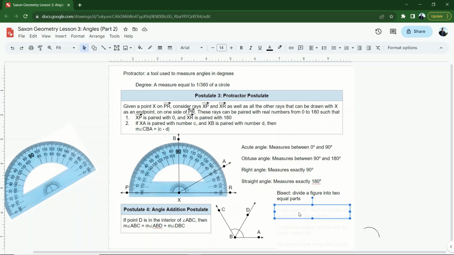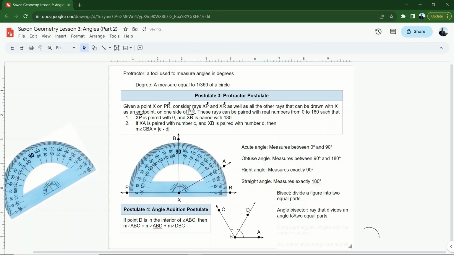Well, we do the same thing with an angle. We call an angle bisector a ray that divides an angle into two equal parts. And I measured it to make ABD and DBC the same measure in the angle right over here. So because the measure of angle ABD equals the measure of angle DBC, the ray BD is an angle bisector.